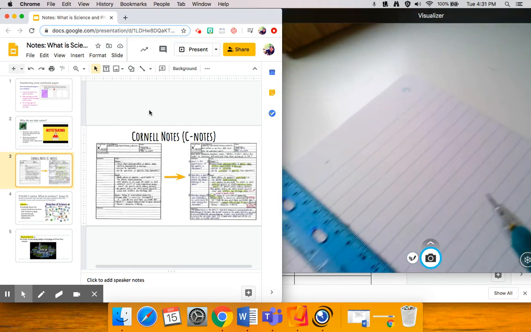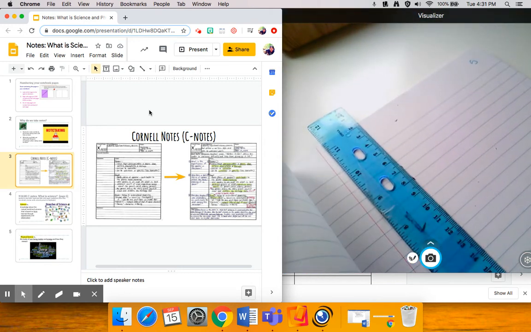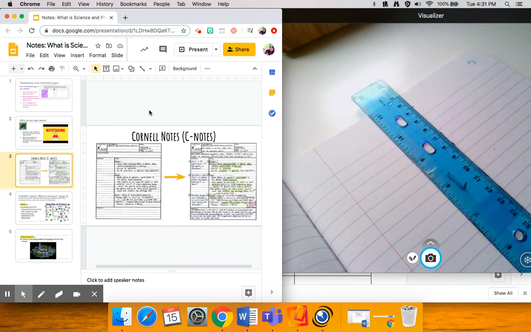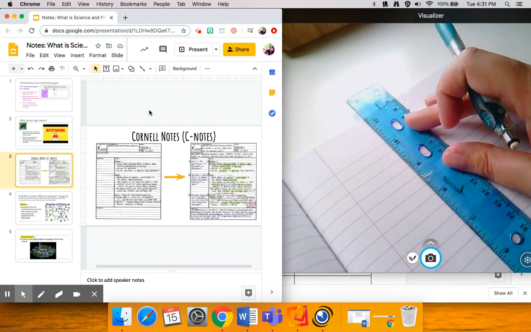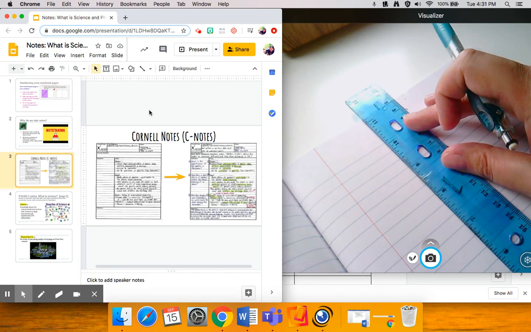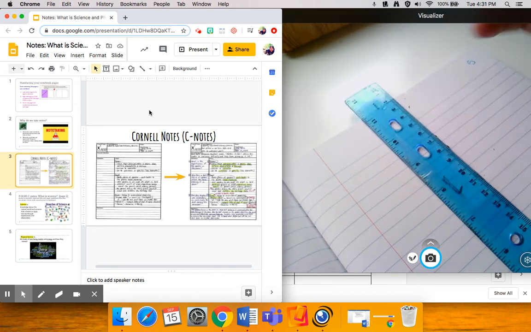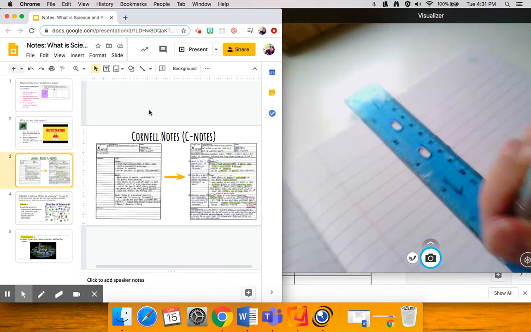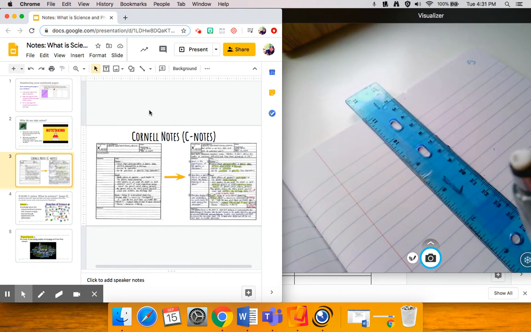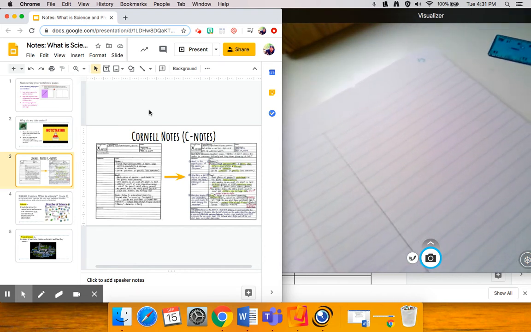And I am going to start by drawing a line, just like in the picture, not in the middle, a little to the left. And I'm going to make sure my line doesn't go all the way down. I'm going to leave a few lines at the bottom of my page.